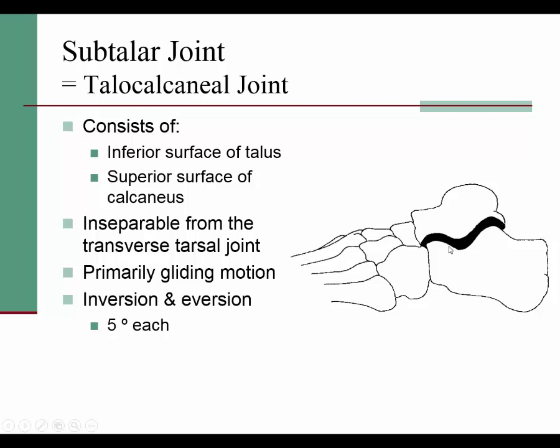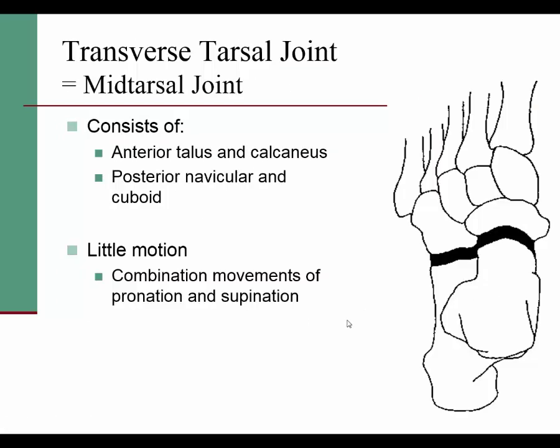The transverse tarsal joint consists of the anterior talus and calcaneus, the posterior navicular and cuboid. There's very little motion here. It provides a combination of movements of pronation and supination. It helps to cause the inversion and eversion that occur in the hindfoot and forefoot.